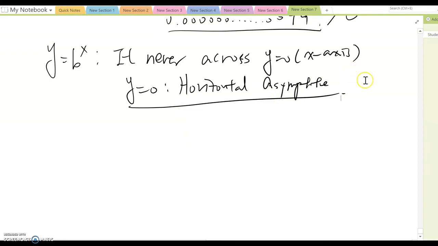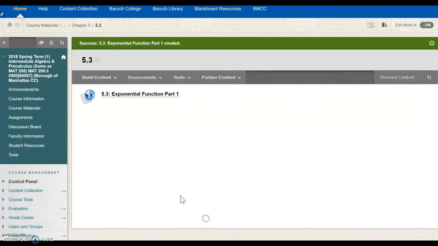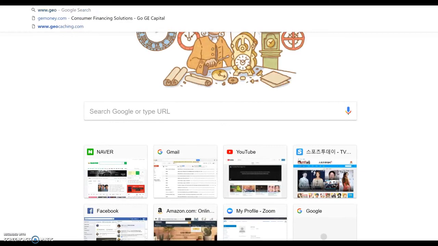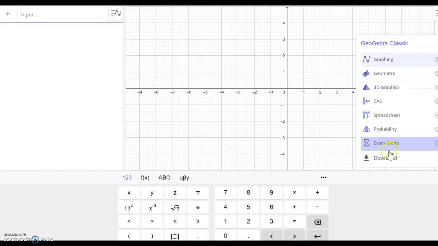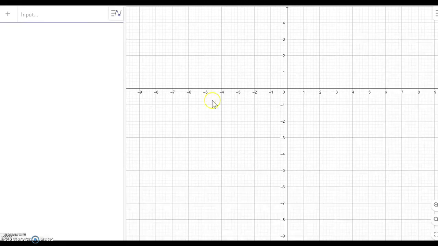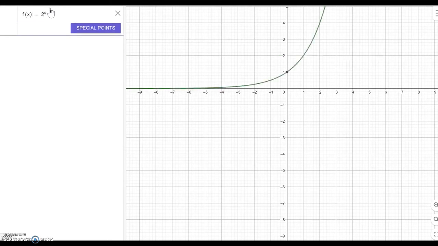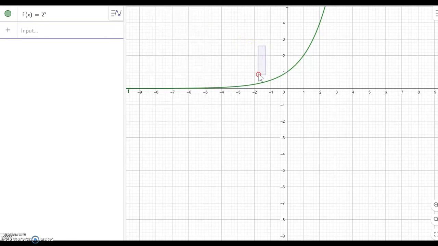Okay, now another one. Let's look at GeoGebra and explore some graphs. So I'm going to create f(x) equal to 2 to the x power, and I'm going to make it a little bit lower so that we can see a little better.